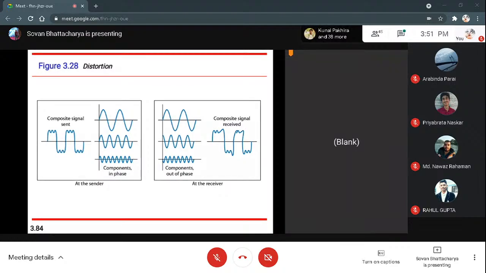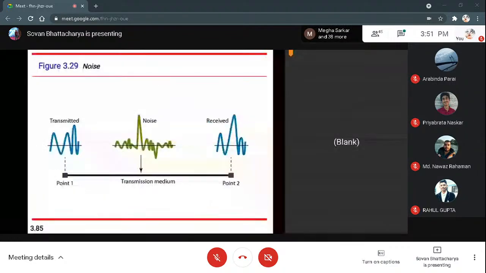Now at the sender end, the main signal is added with all the composite phase signals, and it creates a new signal format. At the receiver part, they receive this, and after receiving they have to exclude the other signals and receive the main signal. So this happens in the distortion process.